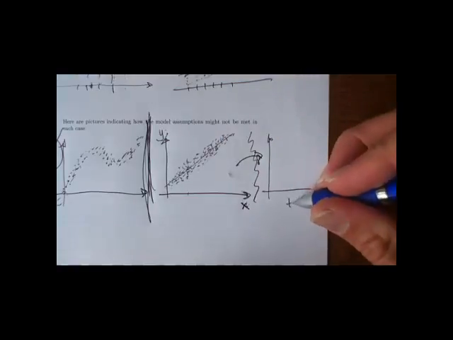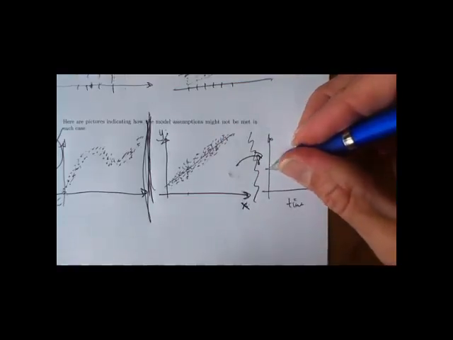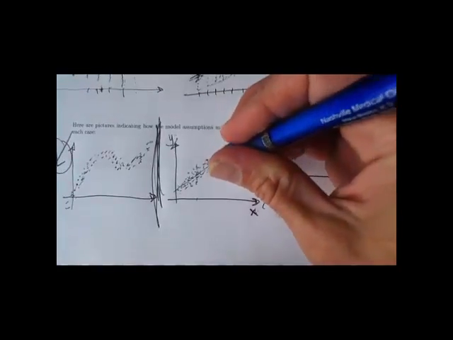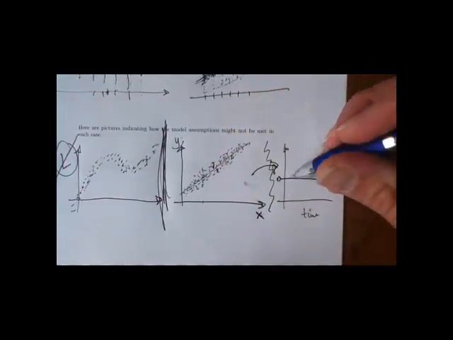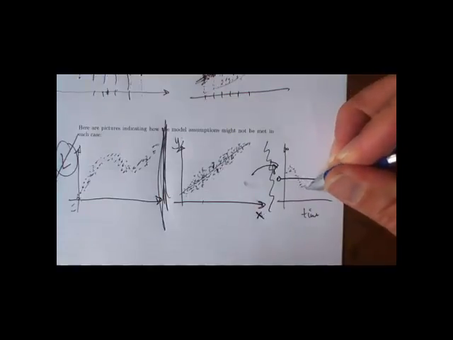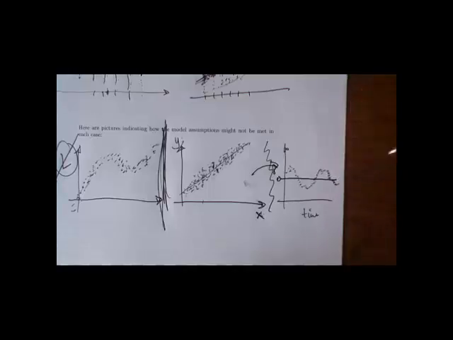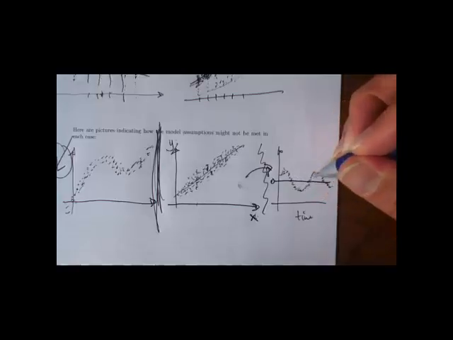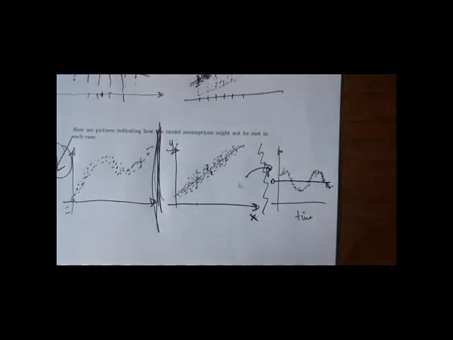If I looked at the residuals, here's 0, and just looked at these distances off the line, positive and negative, it might be that you see some kind of a pattern like this, in which case they certainly don't look independent, do they? So we can do something called an autocorrelation test to try to detect those kinds of scenarios.